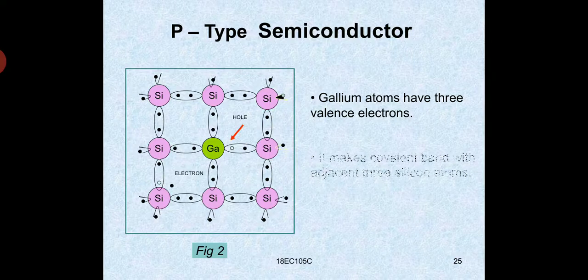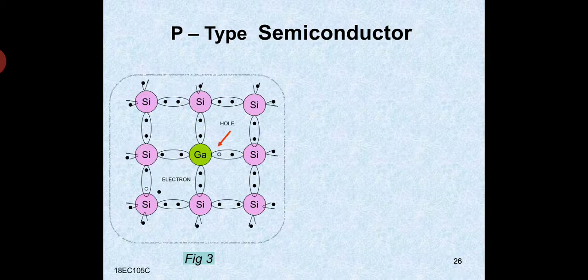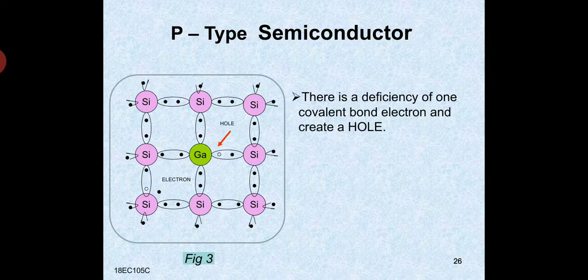Then you can see in this structure that there are three electrons sharing with the silicon's covalent bonds. Then there is one shortage of an electron to share with the covalent bond. So there is a deficiency of one covalent bond in the material, that is an electron, and this is what is denoted as a hole.